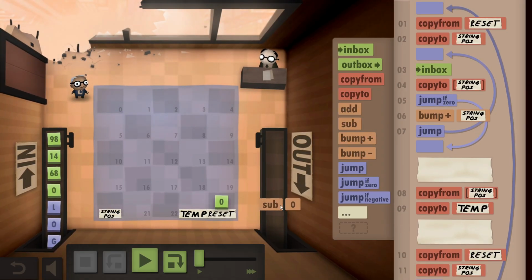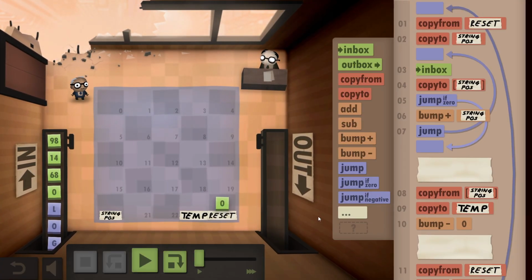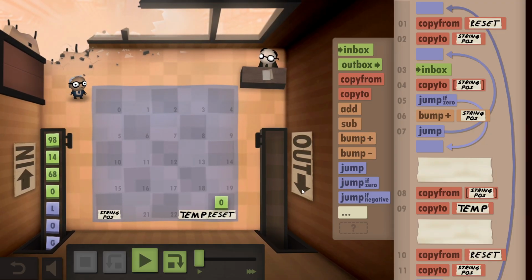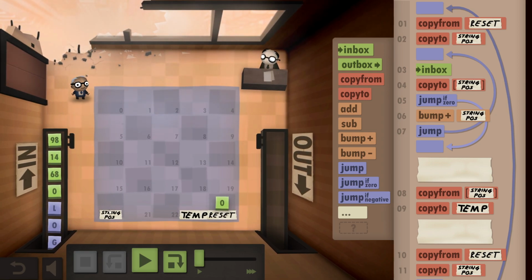No, in that case we need to bump minus. No, we can't bump minus. Because, like, this is annoying. Do I need another one?